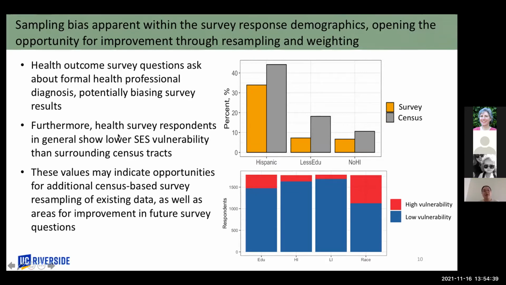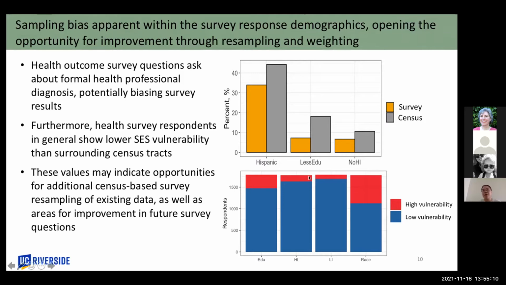The other one may be caused by sampling bias. We compared the socioeconomic status levels between the survey respondents and their surrounding census tracts, and we also examined the distribution of socioeconomic status levels within the respondents.